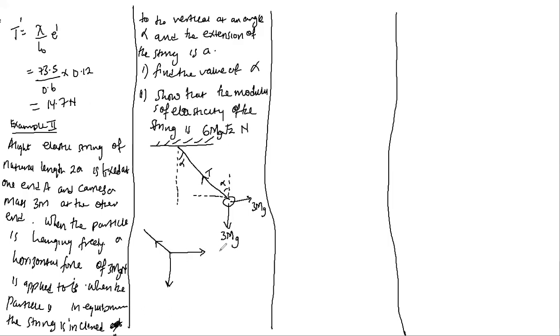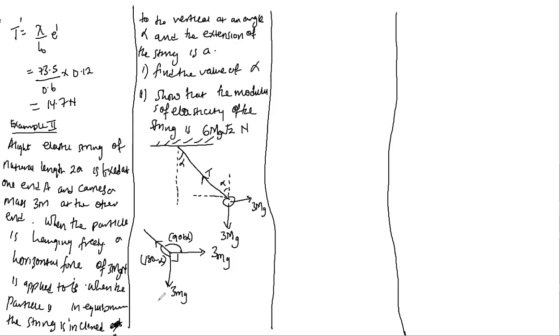This will be 90. This is 3 mg. This also is 3 mg. Then this angle right here is 90 plus alpha. Then this one is going to be 180 minus alpha, because you remove only this part from this vertical straight line.